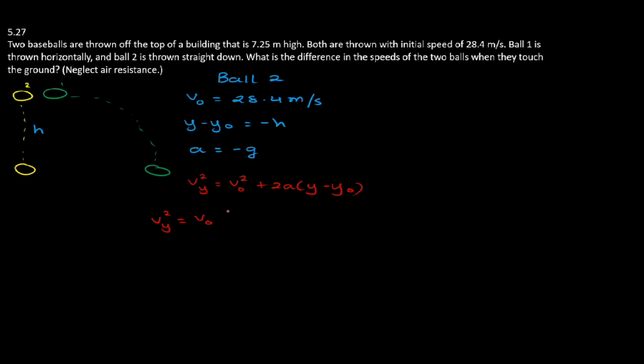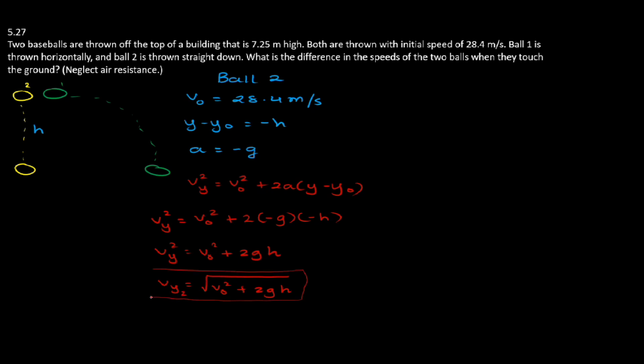We won't substitute anything right now. Just write it as V naught squared plus 2a, where a is negative g and y minus y naught is negative h. So Vy squared will be equal to V0 squared plus 2gh. Or we can write this as Vy equals square root of V0 squared plus 2gh. This is the velocity at the bottom for ball 2.